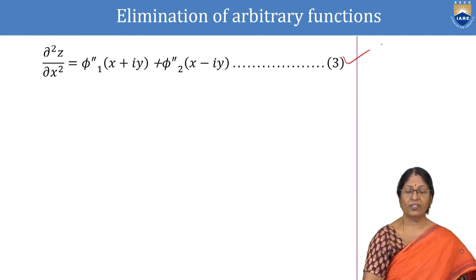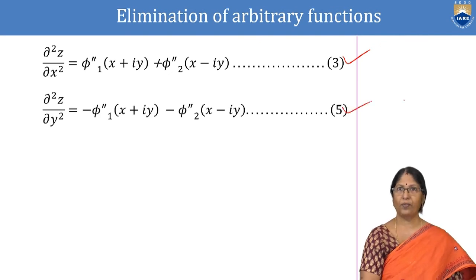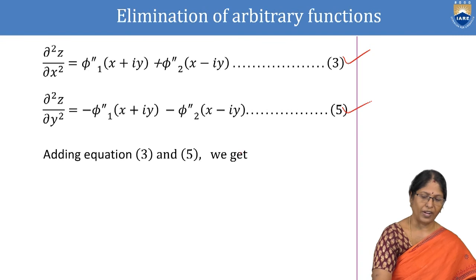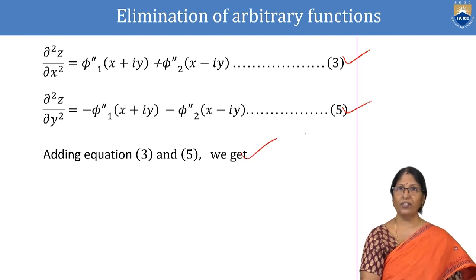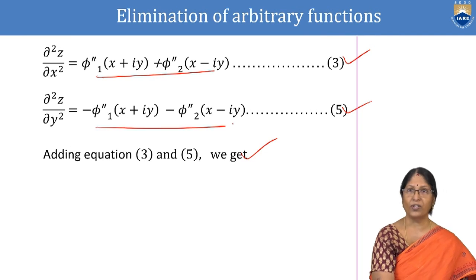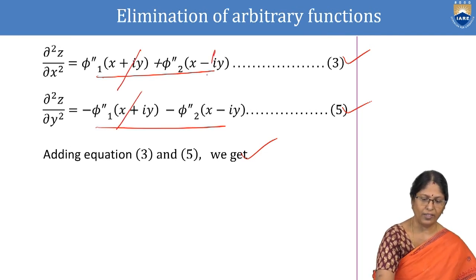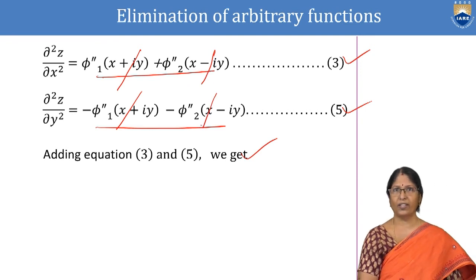So this is the equation 3 we got. This is our equation 5. We are adding these two equations, that is this equation plus this equation. When we are adding, this cancelled and these two terms are cancelled.